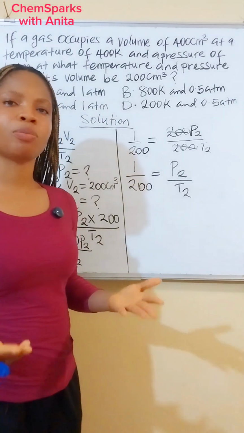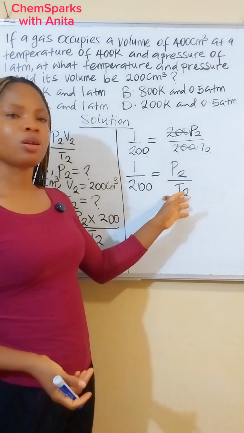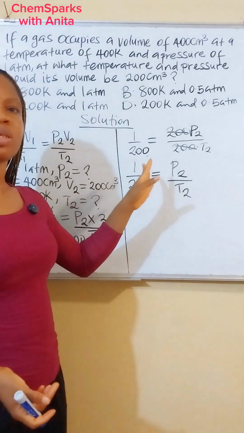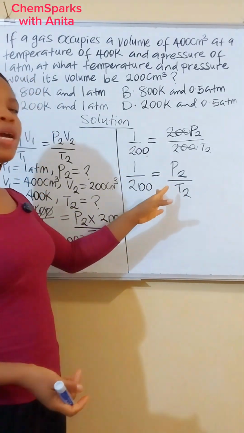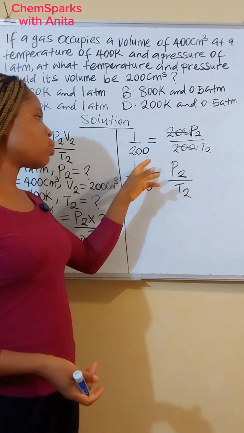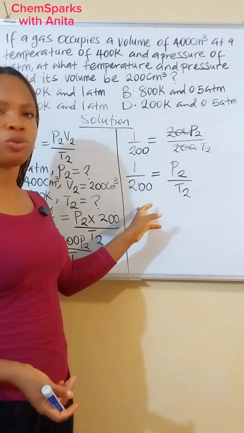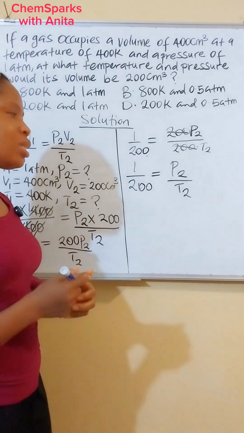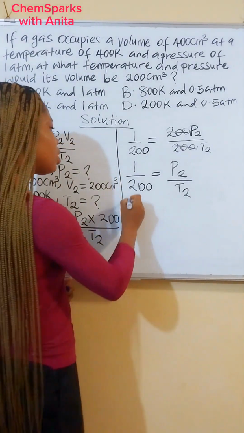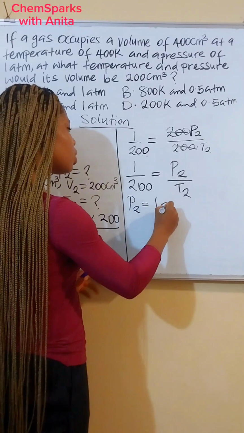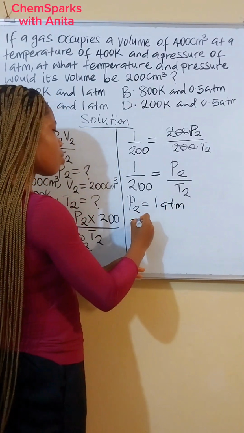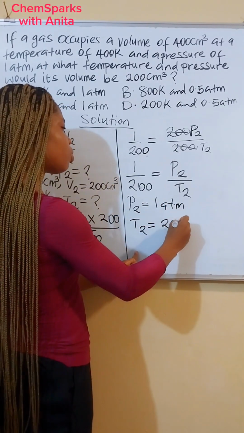So with the knowledge I have from mathematics, when you have something like this, this is a direct proportion. We can say that P2 is equal to 1 and T2 is equal to 200. So if that is the case, then we now have our answer. In that case, P2 is equal to 1 atm and our T2 is equal to 200 Kelvin.